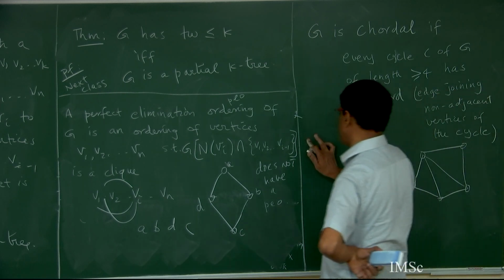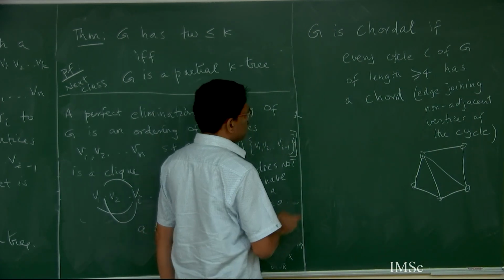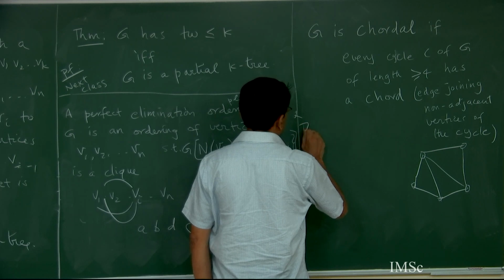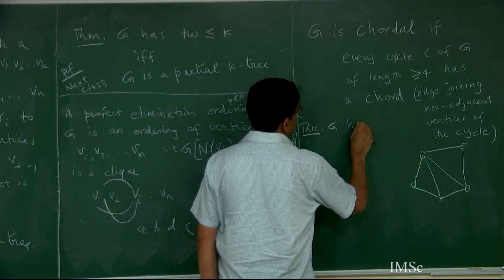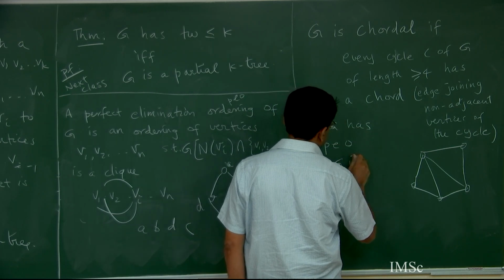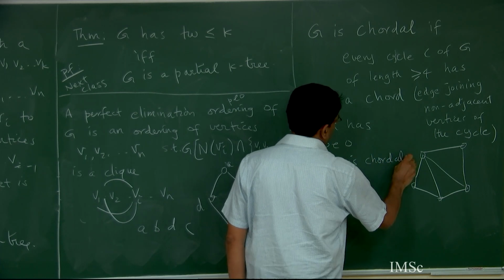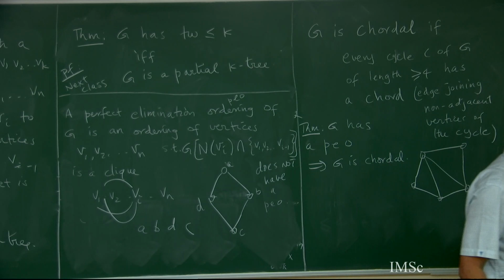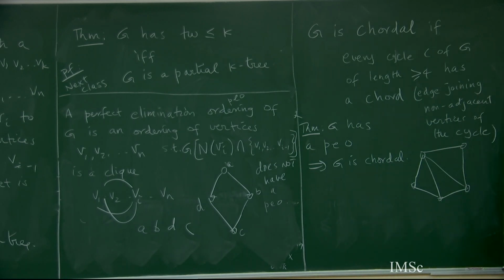Now, let me just end with this little theorem, because we have already sort of seen the proof. G has a perfect elimination ordering implies G is chordal. You actually had the proof when we were talking about that. If you look at any cycle, look at the vertex that appears last in the perfect elimination ordering.